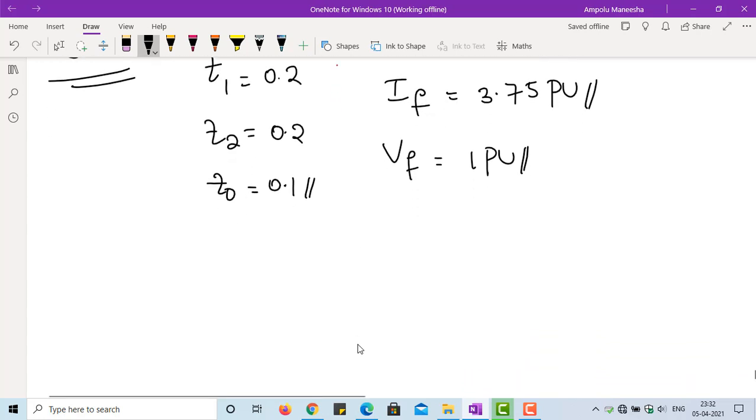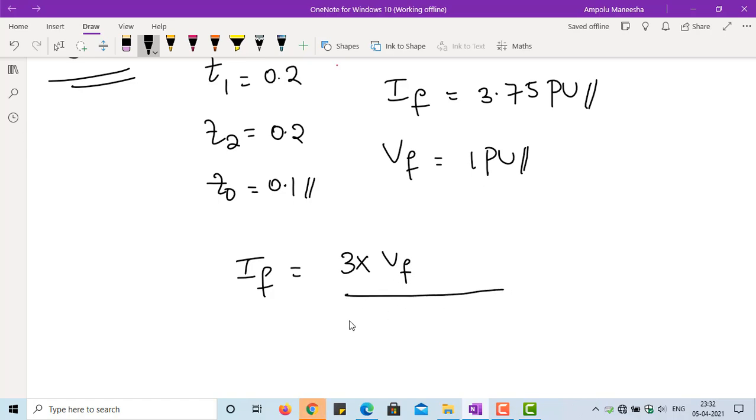From the LG fault analysis, we can say that the fault current is given by 3 times the fault voltage divided by positive sequence impedance plus negative sequence impedance plus zero sequence impedance plus 3 times the impedance that is connected between neutral and ground.